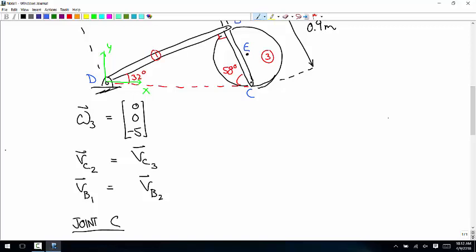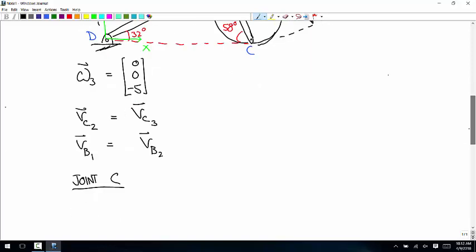Looks like it. The ground is that fourth member, so it has to be fixed. And so figuring out the velocity of the point C according to member 3 is easy. Let's do that one first.